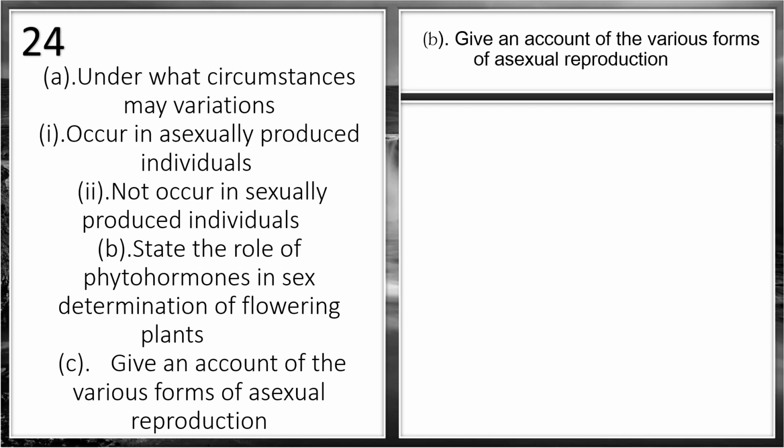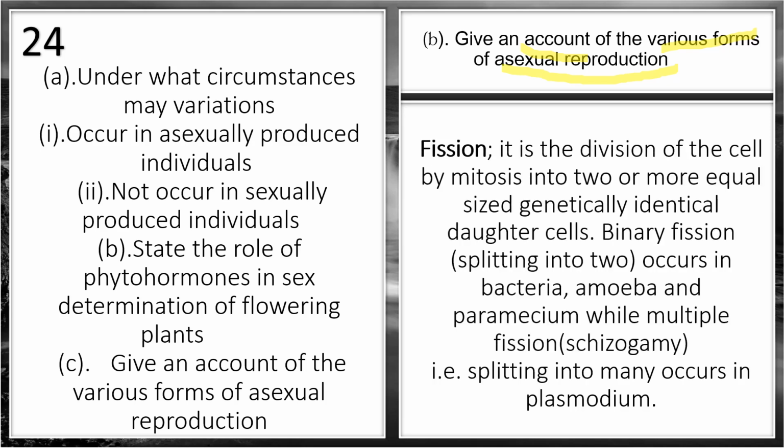Give an account of the various forms of asexual reproduction. We have fission. It is the division of the cells by mitosis into two or more equal-sized, genetically identical daughter cells.